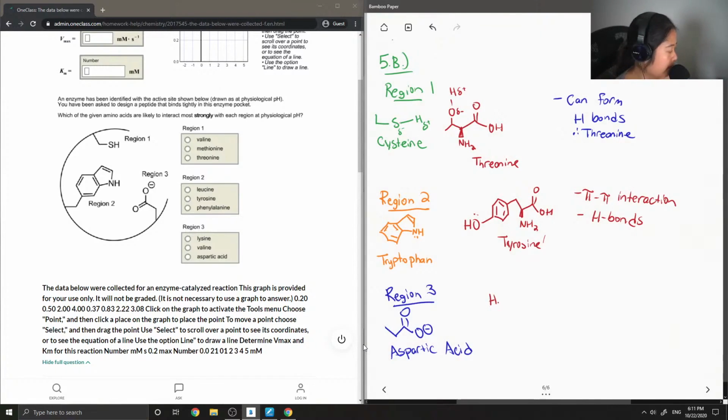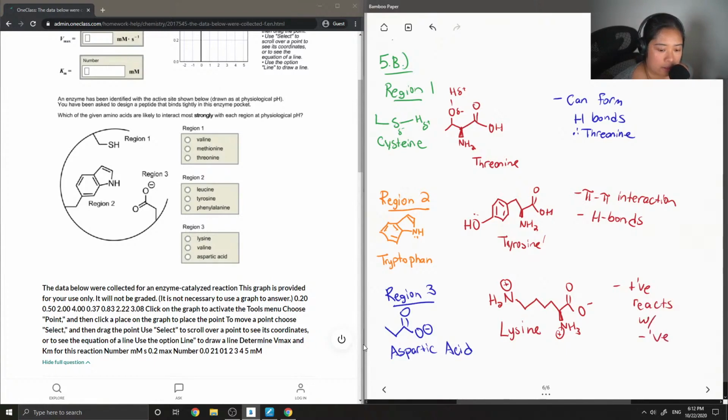So its R group looks like this. And I'm going to draw it with a positive charge just so that we can picture it. And then there's its carboxylic acid group. Here's the NH. This would be positive as well. And then this is lysine. Basically, positive reacts with negative.